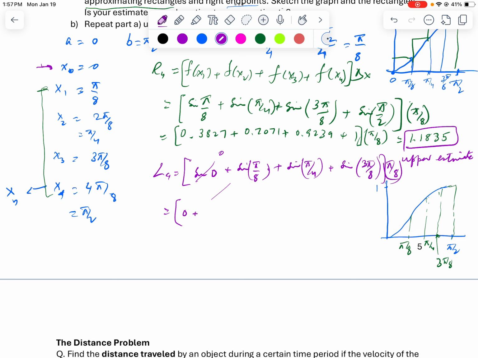Sine of pi over 8 is 0.3827 plus sine of pi over 4, 0.7071 plus 0.9239, and then multiplied by pi over 8. So when we do the calculation, we end up getting 0.7908.